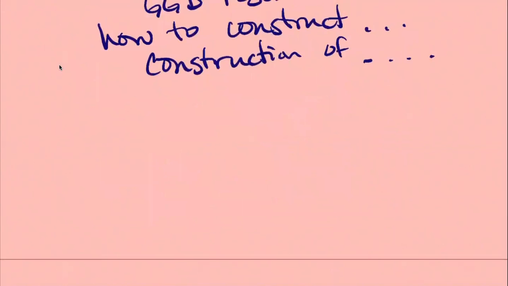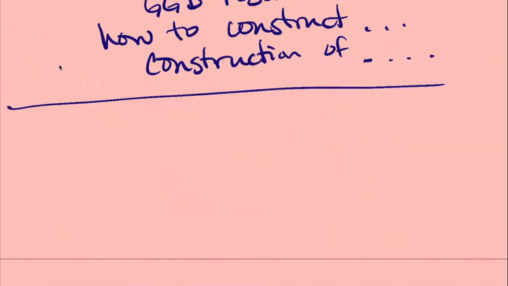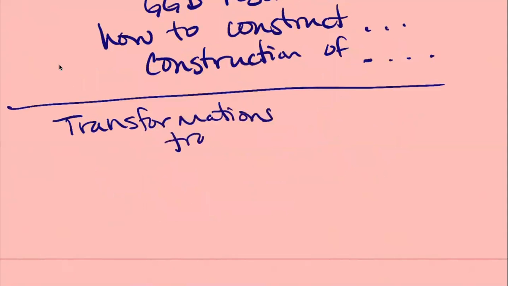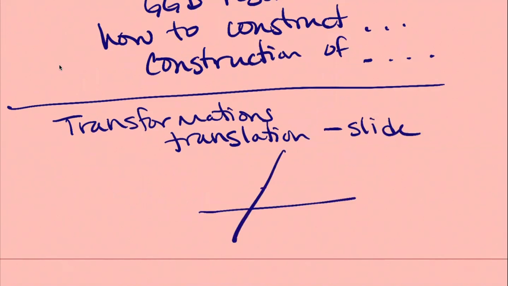And then the last little thing that we're definitely coming back to, but not yet, we talked about transformations. And there were 3: translation, which is a slide, and we use that idea to translate an angle up using circles and making a construction to get parallel lines.